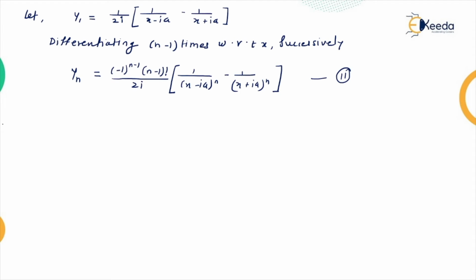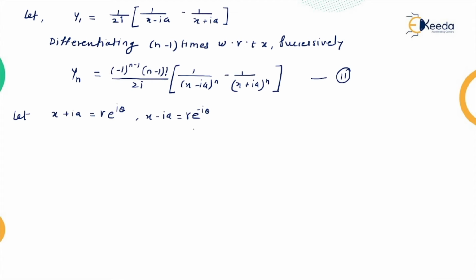Now let me suppose the terms as follows. x plus ia is a complex number, and in the form of Euler's formula it is r into e to the power i theta, and x minus ia can be given as r into e to the power minus i theta.